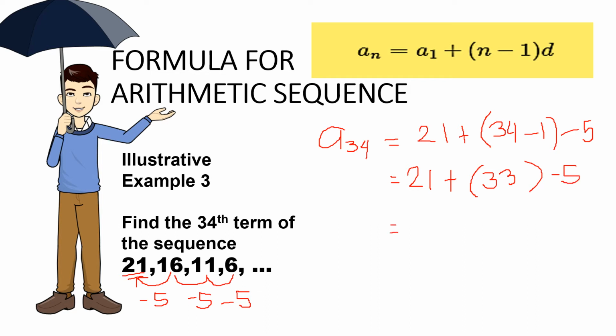So 33 times negative 5 is negative 165. Yan.